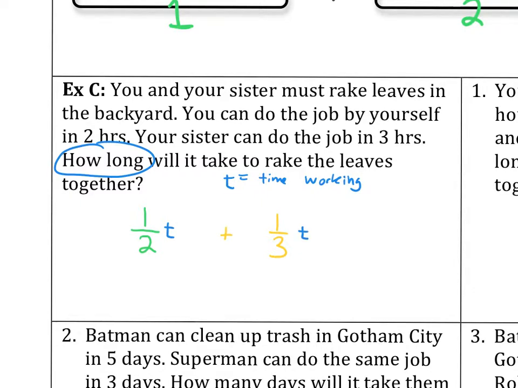And over here, she's going to work the same amount of time, but she's going to be working at a rate of 1/3 of the job per hour. So essentially what we've just done here is this is the rate per hour, not how much money you're making, but how much of the job. In 1 hour, I can do half the job. In 1 hour, she can do 1/3 of the job. And together, we do one job.